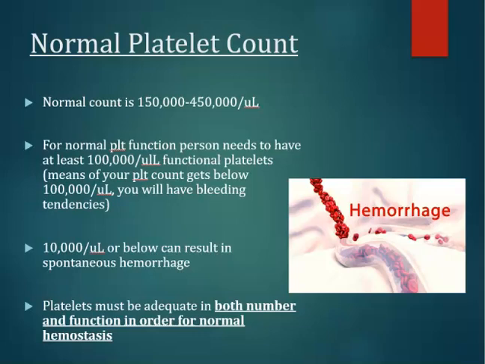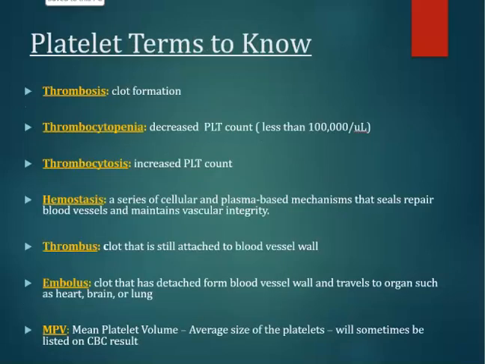Now let's just go over a list of terms you need to know that are associated with platelets and platelet function. Thrombosis just means clot formation. Thrombocytopenia means a decrease in platelet count. This is our less than 100,000 platelets per microliter.